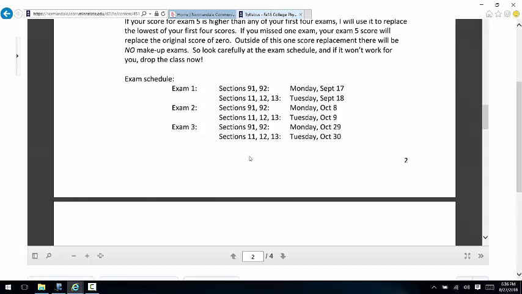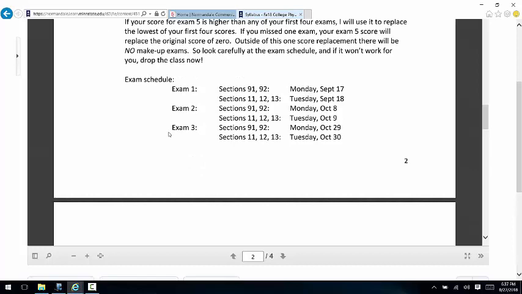And here is when the exams are going to be. So I would just look at these dates and make sure that that works with your schedule. If it doesn't work with your schedule for more than one exam, we should talk about it.